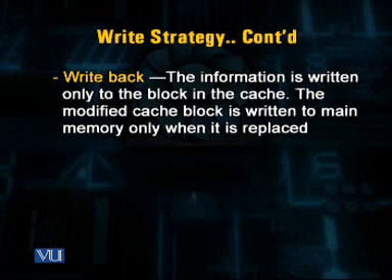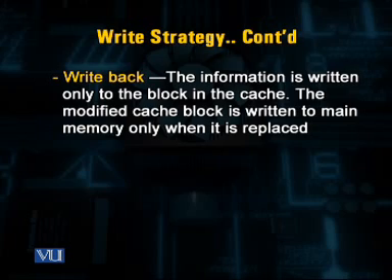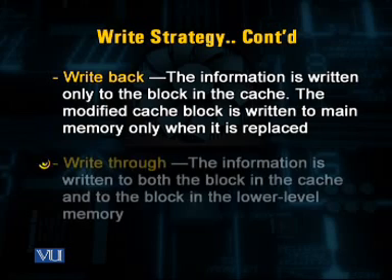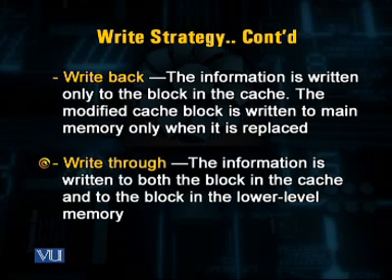The write back policy is one where the information is written only to the block in the cache, and the modified cache block is written in the main memory only when it is replaced. Whereas the write through policy states that the information is written to both the block in the cache and to the block in the lower level main memory.